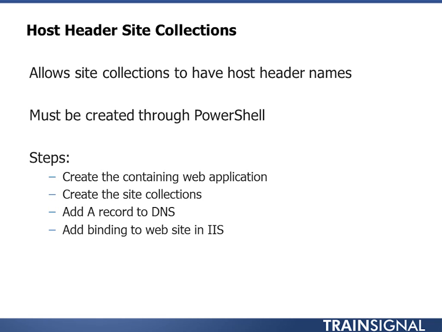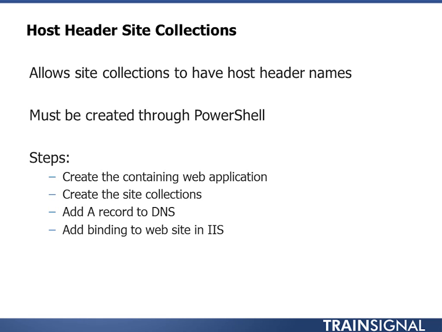And then I also need to update DNS with the new record, and I need to add a binding into IIS. Because that binding in IIS is what's actually going to inform IIS that this is an available URL.